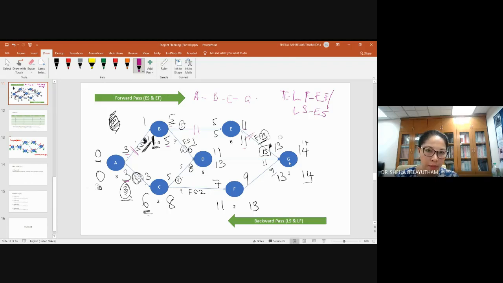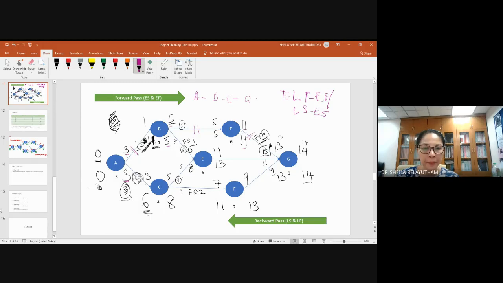Anything that starts from the beginning until the end, where your total float along the line is 0, will be a critical path for this project. Meaning to say that any activity along this critical path, if you delay it by 1 day, it will affect your total project duration.